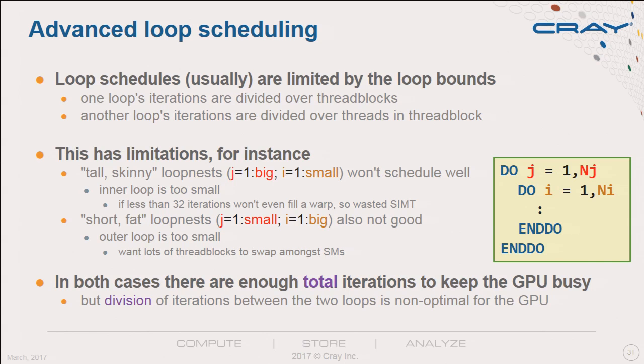I already mentioned that you can have different sizes of the inner and outer loops. For example, a really short inner loop but a really big outer loop, or the other way around: a really big inner loop but a short outer loop.